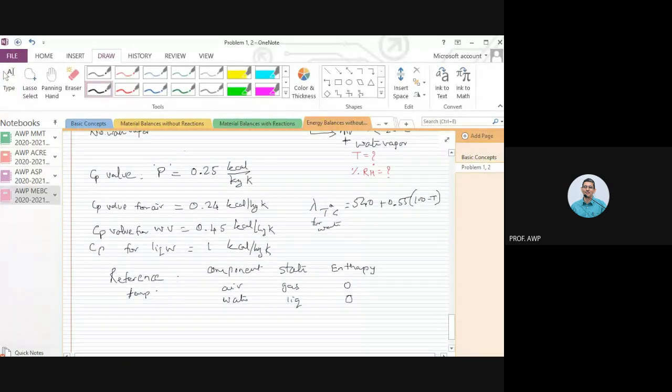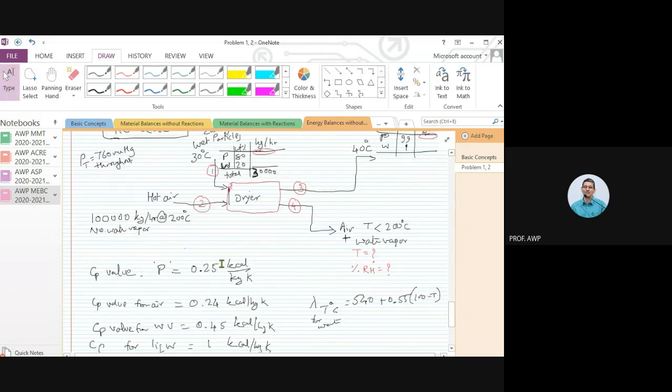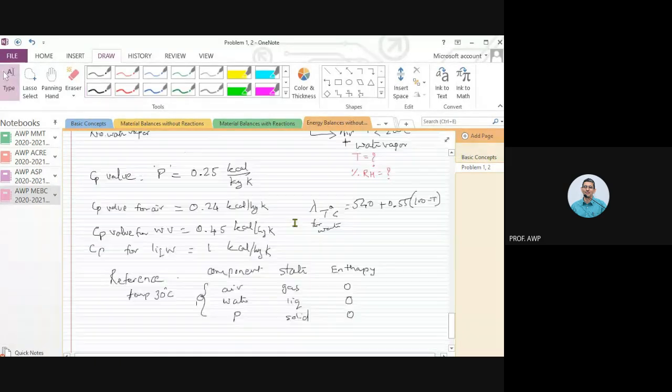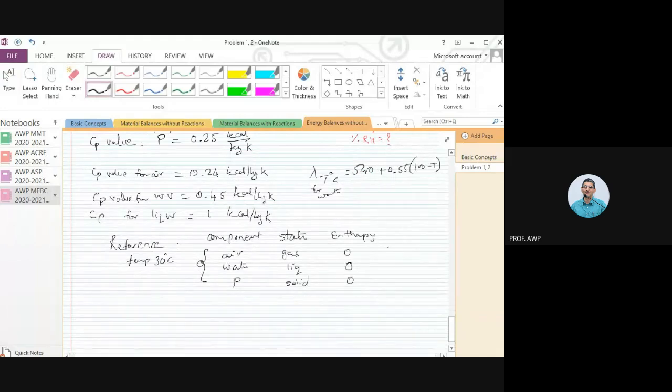One convenient temperature would be 30 degrees centigrade, and I will say P in the solid state has 0 enthalpy. The advantage of defining this reference is the enthalpy of stream number 1. Stream number 1 is at 30 degrees centigrade. It has P in the solid state. It has W in the liquid state. No air. So this would automatically imply that enthalpy of stream number 1 is just 0.